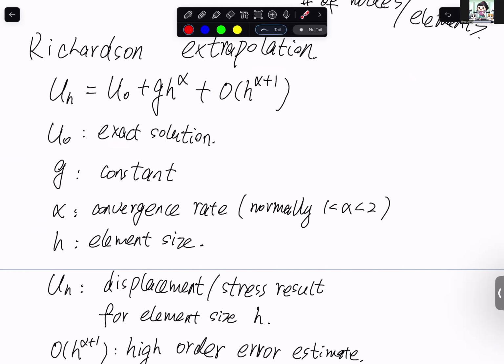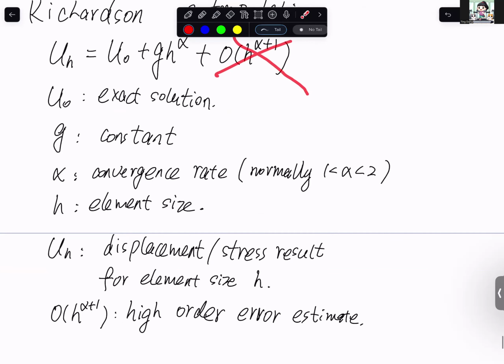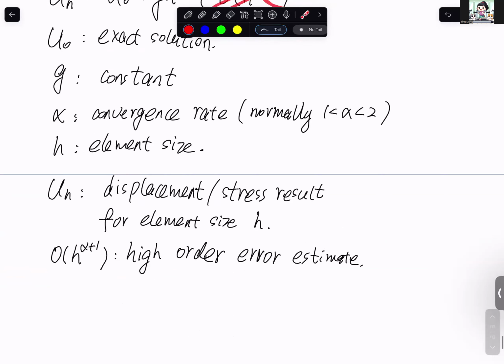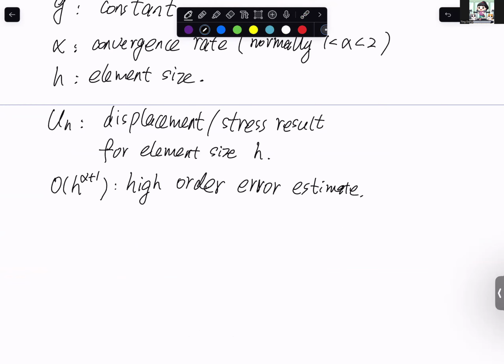If you write MATLAB code and run the whole thing, you can have this term. But for hand calculation this semester, just imagine every term is already a much smaller term compared to the rest of the two, and you have a high order of a small number. It means that this term is much smaller than these two. So in our hand calculation this semester, in your homework, in your exam, in your project, you can ignore this term. I put it here just for completeness, but this one can be ignored this semester.